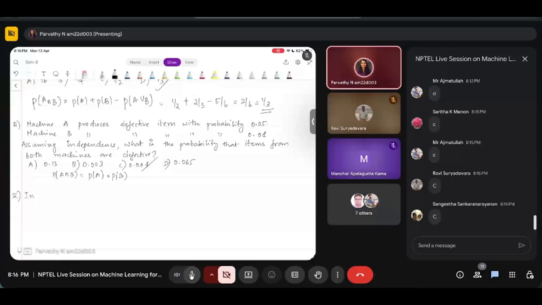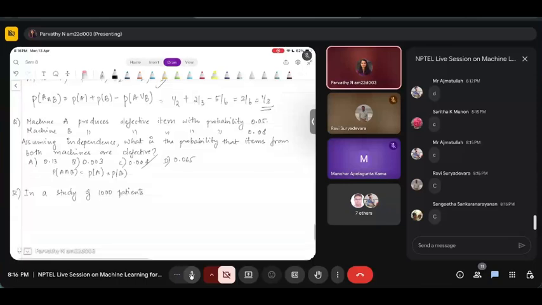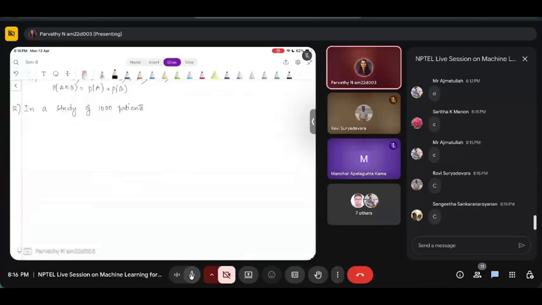In a study of 1,000 patients, 400 have hypertension, and the tag is HT, and 600 have diabetes.